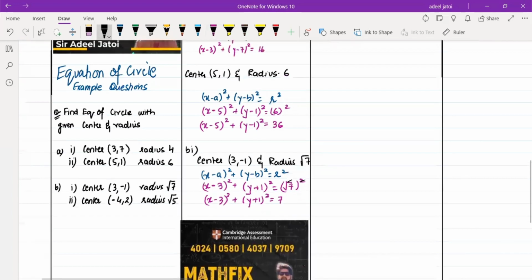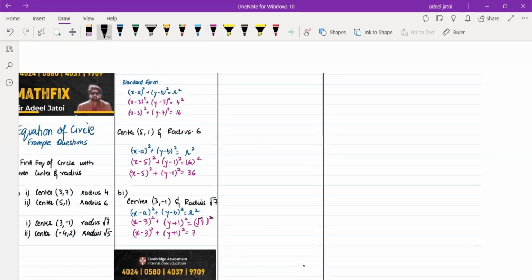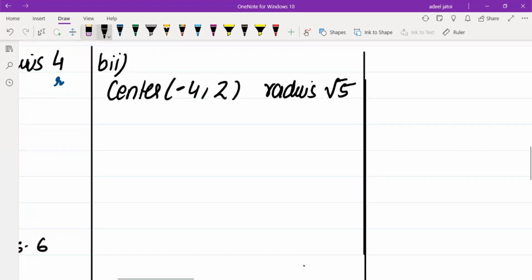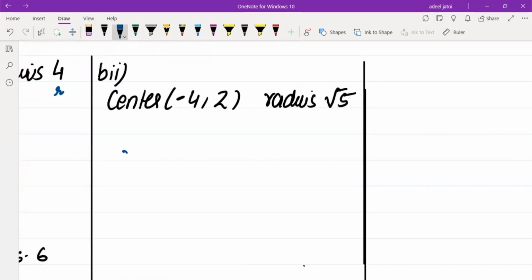Then what do we have? We have B2 as well. B2 says that your center is minus 4, 2 and radius is under root 5. So using the same method, which is x minus a whole square plus y minus b whole square is equal to r square.